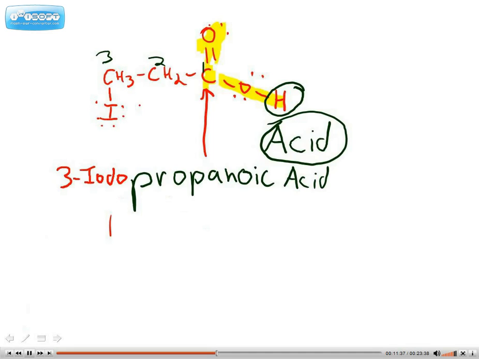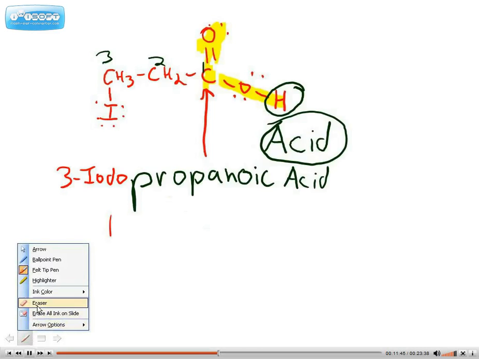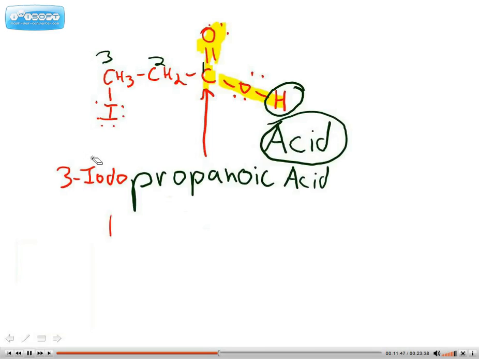If I wanted to, I can include another one. I probably should fix this part right here, though. Change it to a CH2. I'm just going to go ahead and cross this out right here. So this is just going to be a CH.